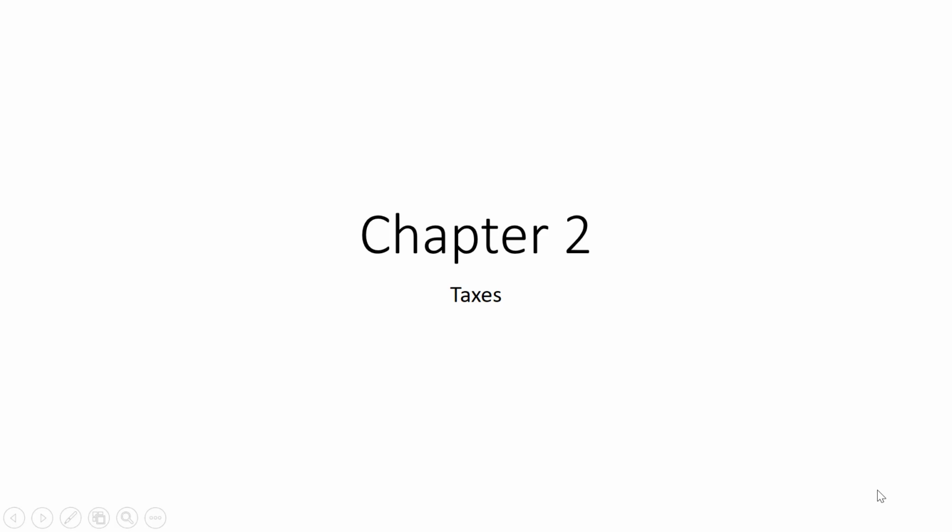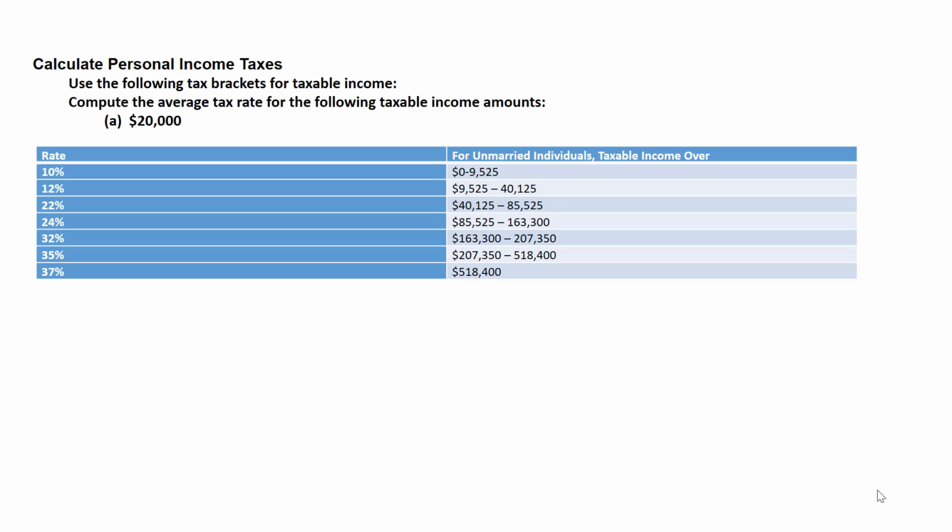In Chapter 2, we talked about taxes, and in this video we're going to look at how to calculate tax liability and average tax rate, and we'll also discuss marginal tax as well.